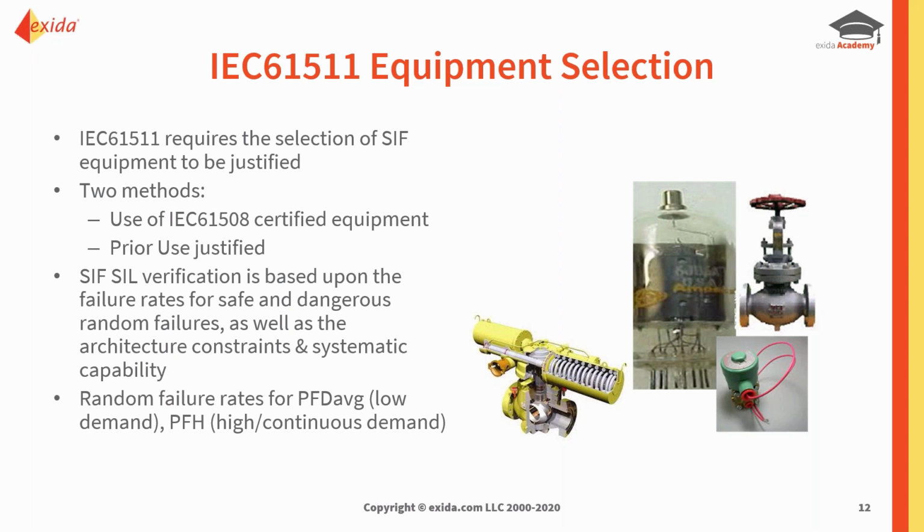So we have to make sure that we have the correct failure rates for that, as well as making sure that the SIF from an architectural point of view meets the SIL requirement and we meet the systematic capability. So when you use certified devices, if they are certified to IEC 61508, then they will meet a certain systematic capability level. So if you're using certified devices, then that's a good way of doing the justification for the selection.